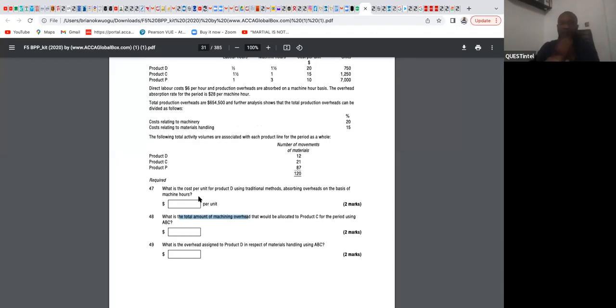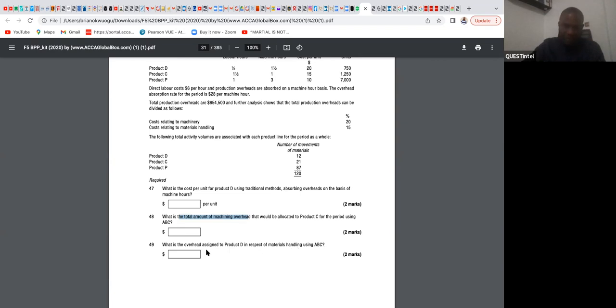Number 3. What is the overhead assigned to product D in respect of material handling? That's the one we're interested in. The material handling was the one that had all the cost driver things. So, what's the overhead assigned to product D in respect of material handling using ABC?